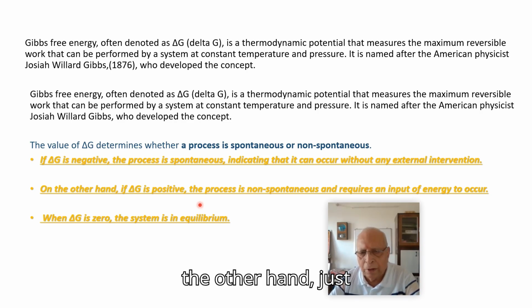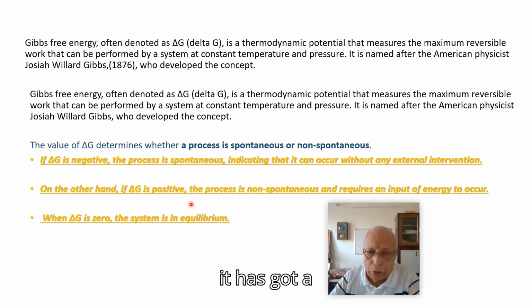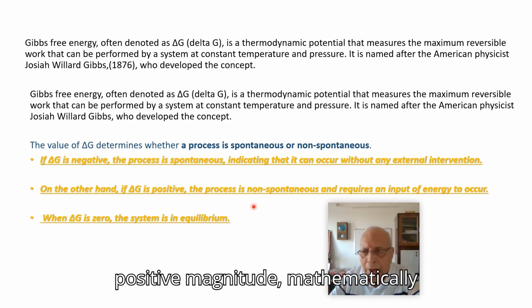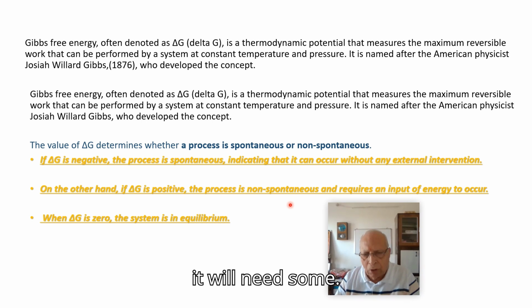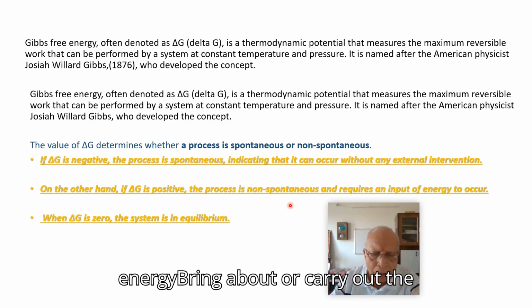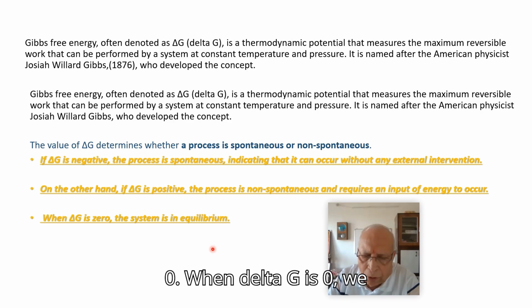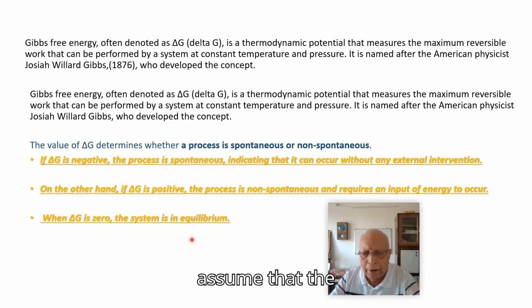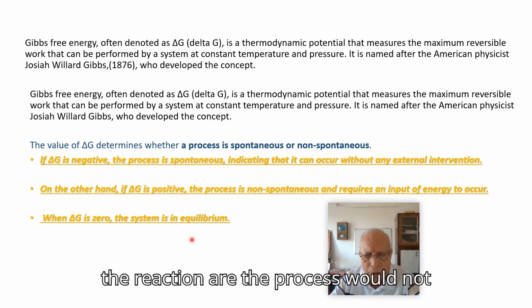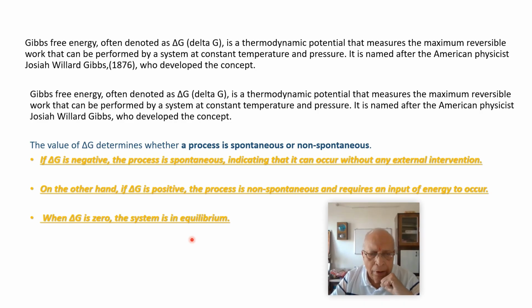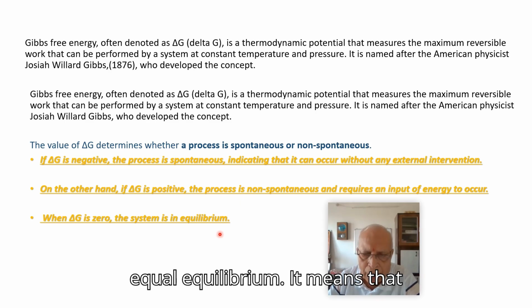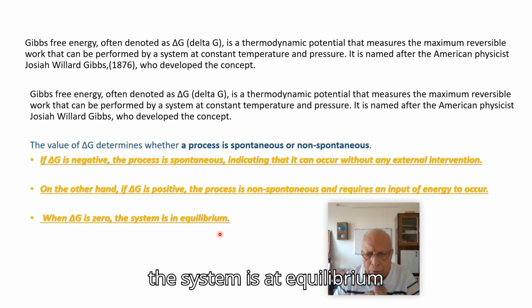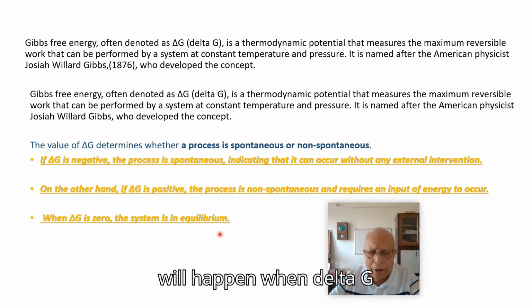On the other hand, contrary to it, if it has a positive magnitude, mathematically positive, the reaction will be non-spontaneous. Means it will need some effort to bring about or carry out the process. And possibly delta G may be zero. When delta G is zero, we find that the reaction or the process won't occur. Reason, it has attained a system which is at equilibrium. Means the system is at equilibrium with the surroundings and nothing will happen when delta G is zero.